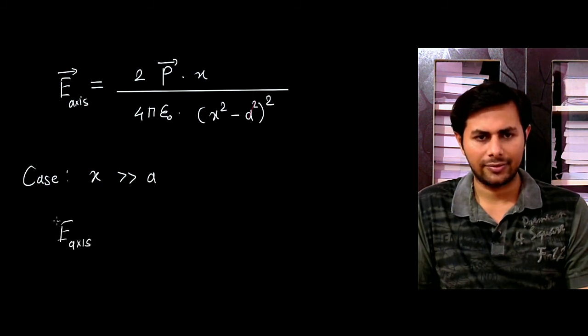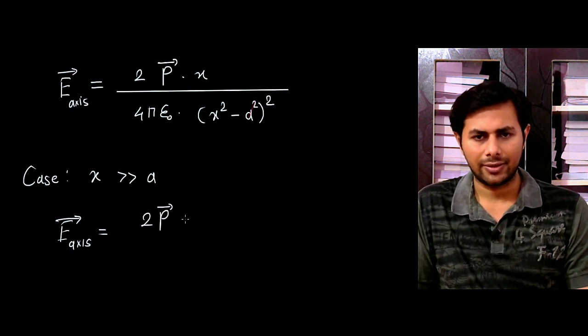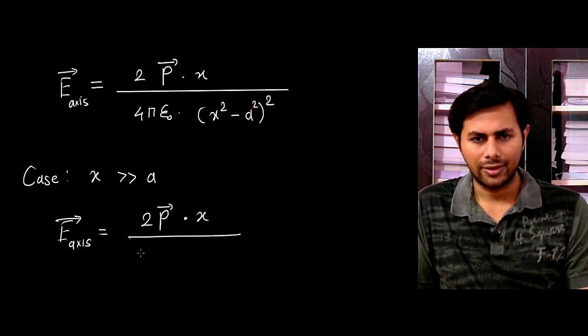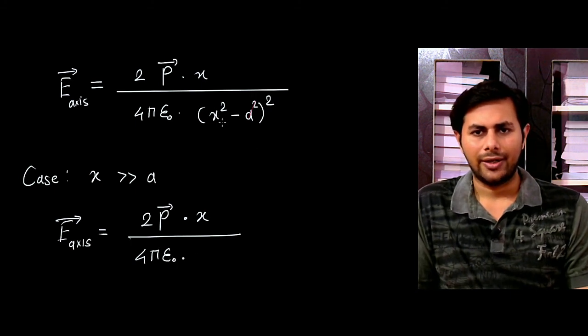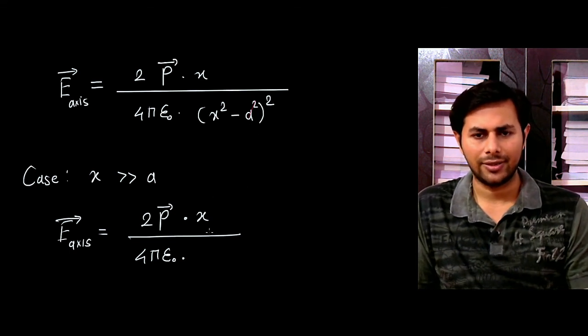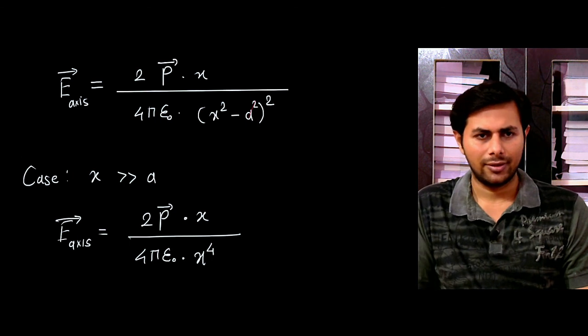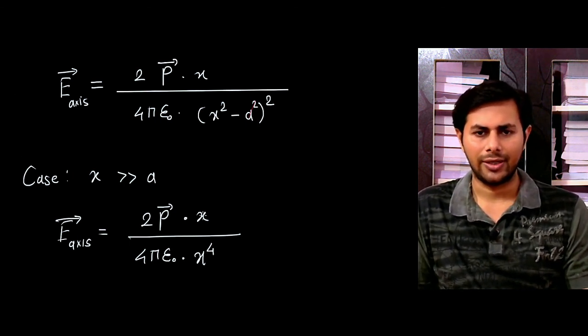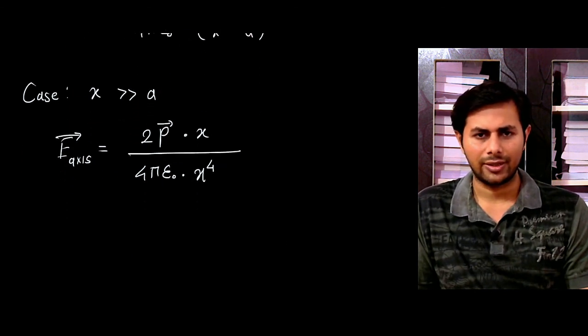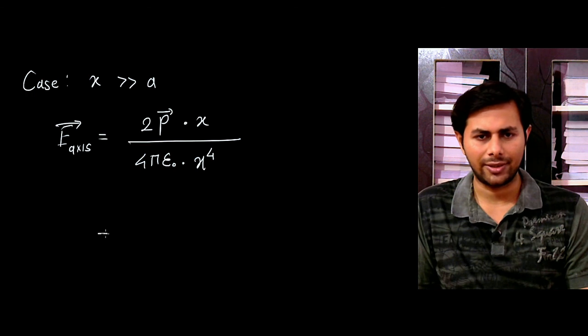E axis equal to 2 times p bar into x over 4 pi epsilon naught multiplied by x squared, because we have neglected this a squared, so x raised to 4, and then we can remove one x from this x raised to 4 and cancel it with this x, so we are left with x raised to 3 in the denominator.